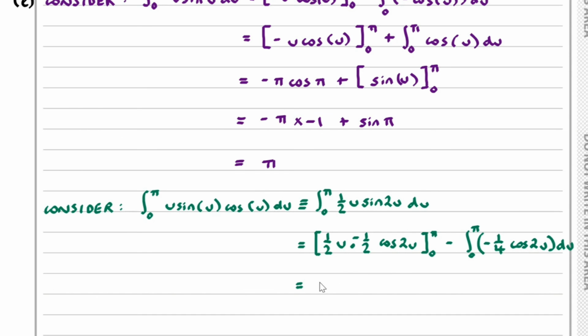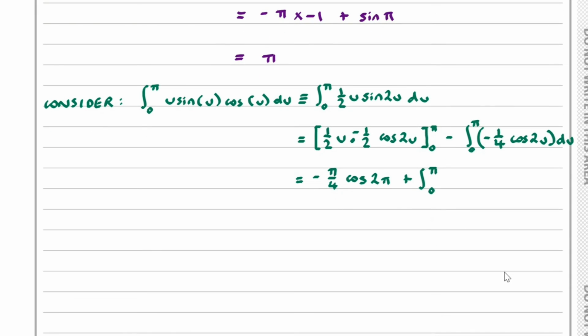If I substitute in for my upper limit, here I'm going to have a minus pi over 4 times by the cos of 2 pi, and then here I'm adding on the integral from 0 to pi of 1/4 cos 2u du.